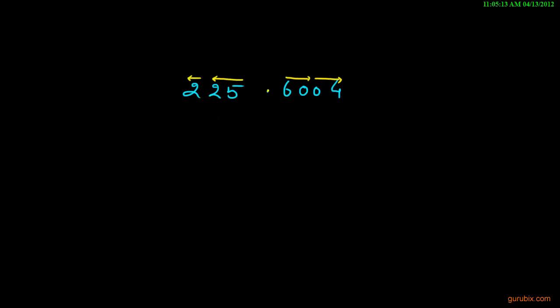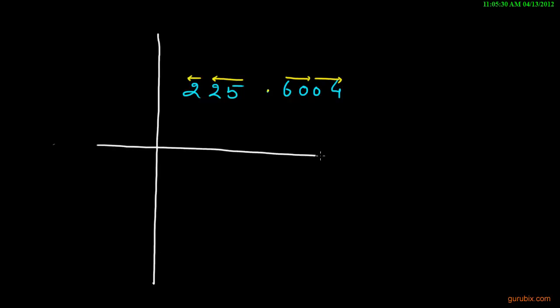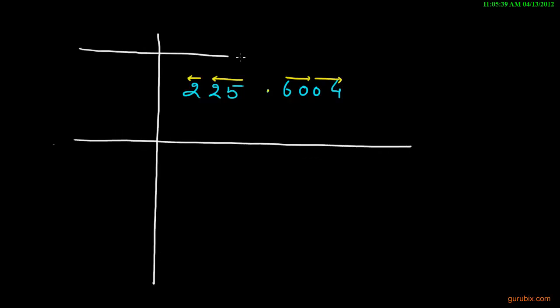Now we shall draw two straight lines like this, and now we shall think of a number whose square is less than or equal to 2, this first period.